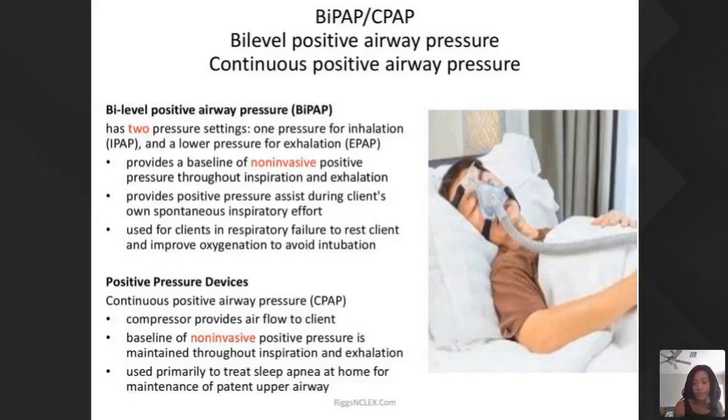Both of them are non-invasive, okay? We're not puncturing anything or entering an inner cavity. Nope, both of them are non-invasive. But BiPAP has two pressure settings, whereas CPAP has a continuous ongoing setting. We use these a lot for patients with sleep apnea.